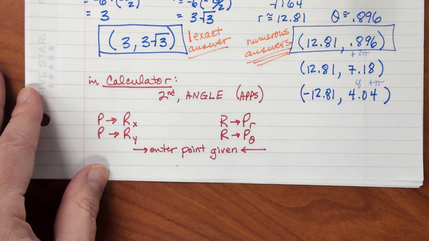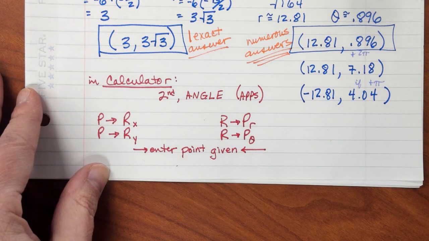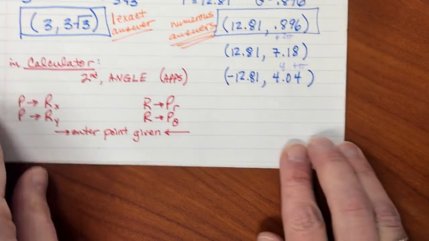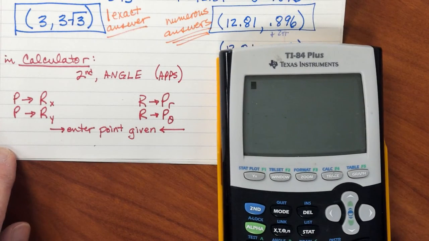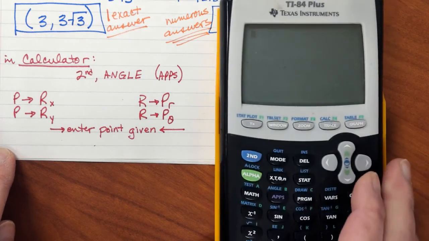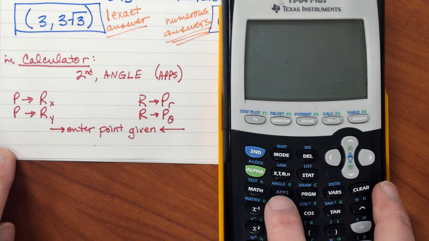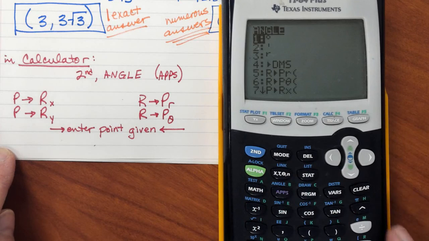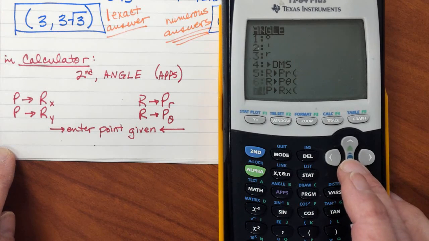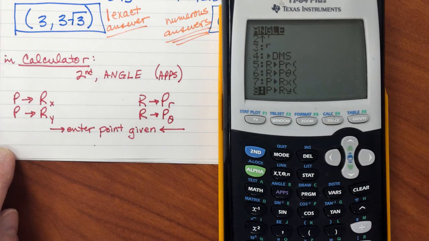Okay, very quickly before I close this video out. In the calculator, if you go to second angle, it's the apps button. Let me show you where that is. It's right here where it says angle, apps. So we're going to hit second angle, and you'll see as you scroll down, you have options.